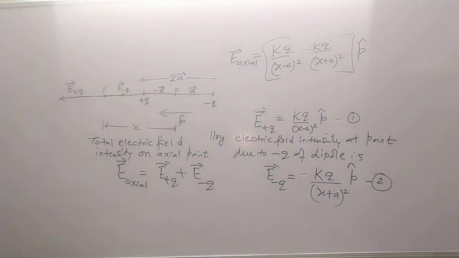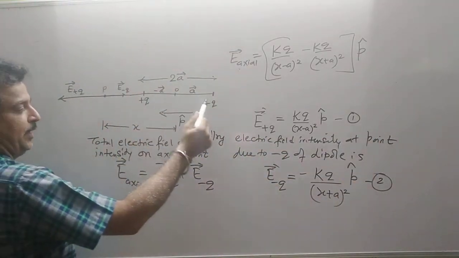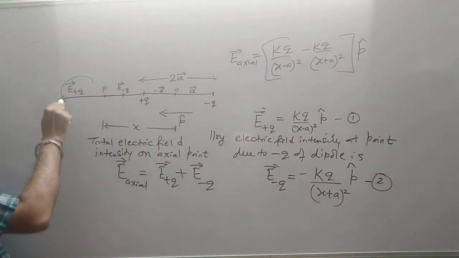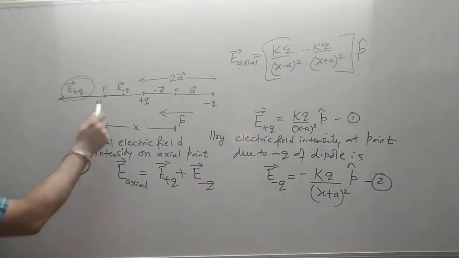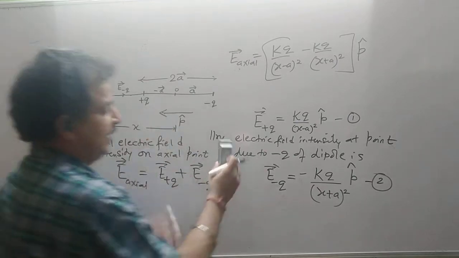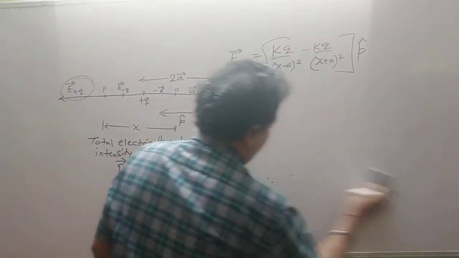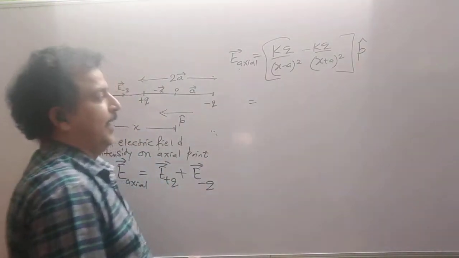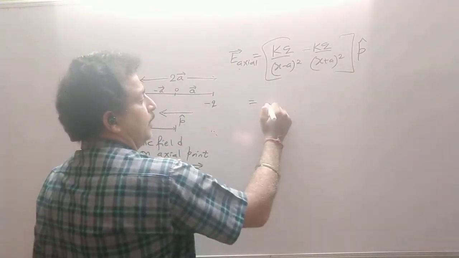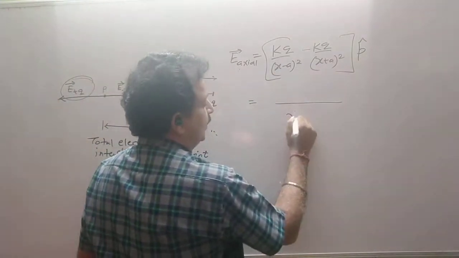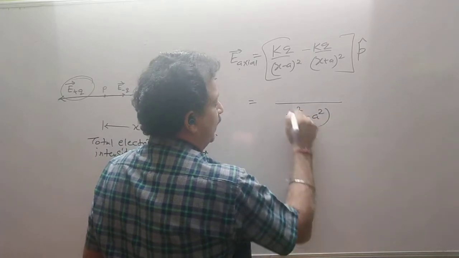What is P cap? Again you see the diagram, P cap is from negative to positive charge. And it should also be clear that since E plus Q is more, your resultant will be in the direction of a dipole moment. So we will see whether our answer is in the direction of dipole moment or not. Now, if I take this LCM, the denominator comes out to be (x minus A)(x plus A), so I write x square minus A square whole square.